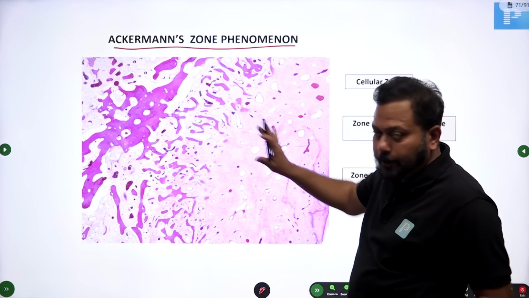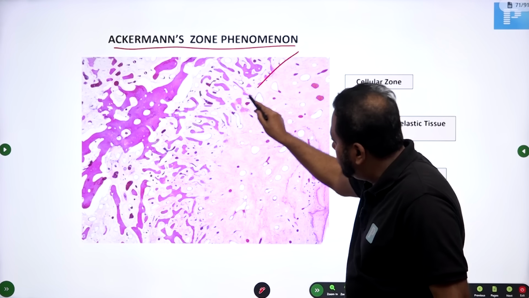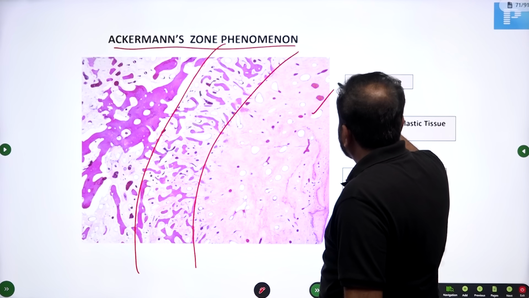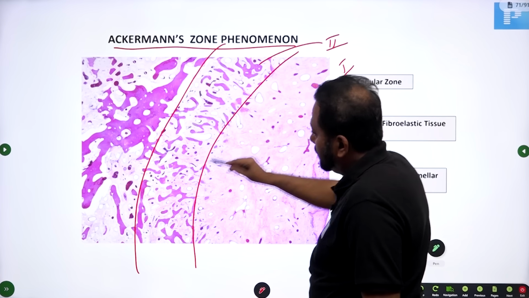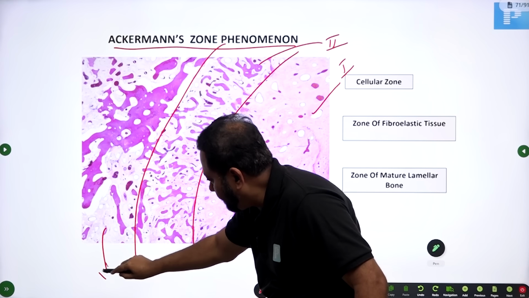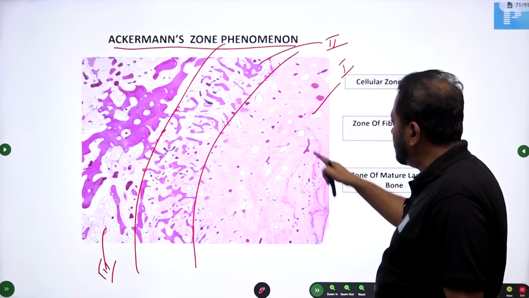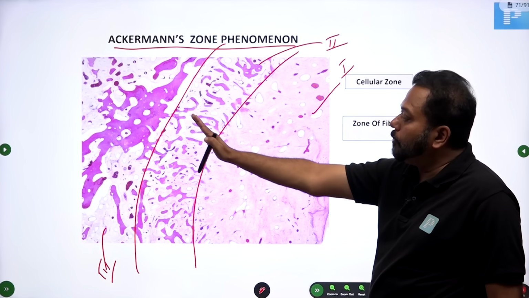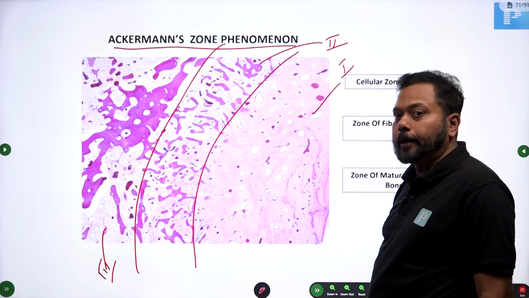You see, this is a histopathology section. I will make it so simple for you. It is divided into 3 zones. This is zone number 1. This is zone number 2. This is zone number 3. The innermost zone is a highly cellular zone. The middle zone is a zone of fibroelastic tissue. The outermost zone, the third zone, is mature well-oriented bone.